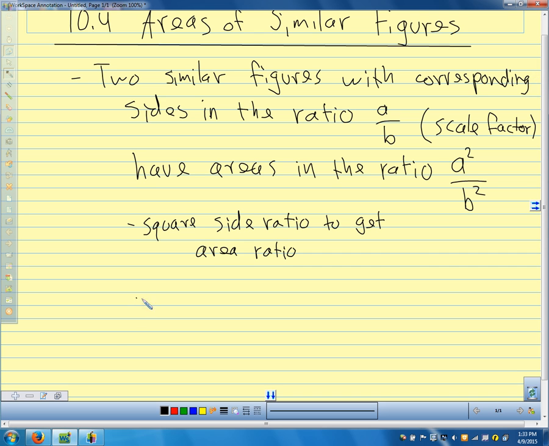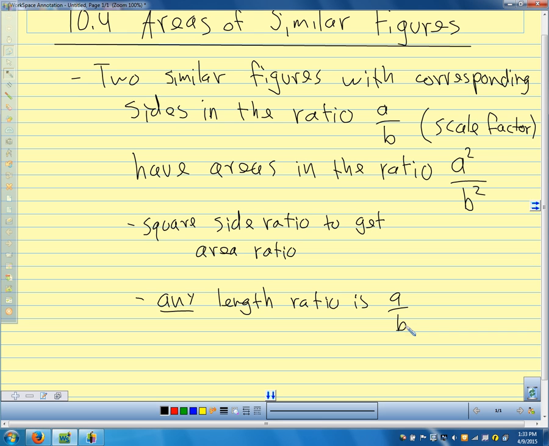The other thing that's important to know is that any length ratio between the two is the same as the side ratio. What I mean by any length ratio is if we know the side ratio is A over B, the perimeter ratio between the two similar figures is also going to be A over B, because perimeter is a length.